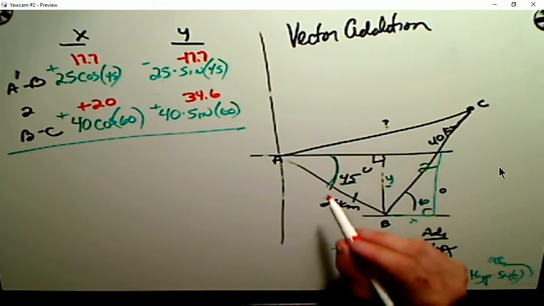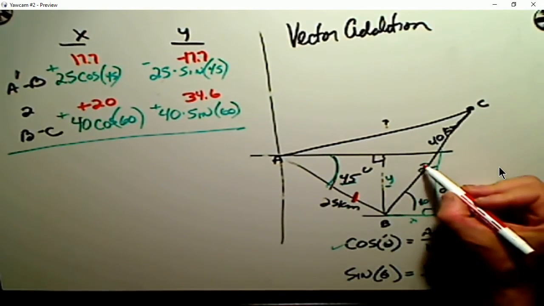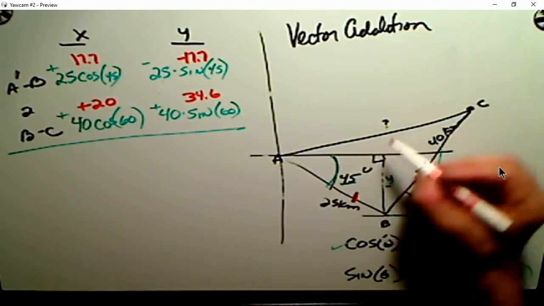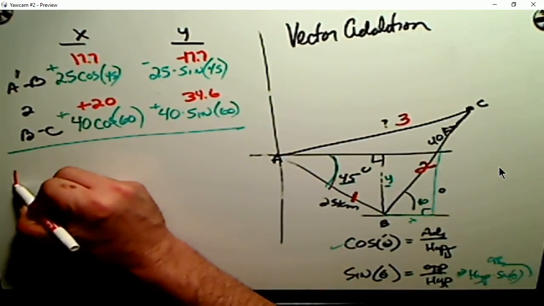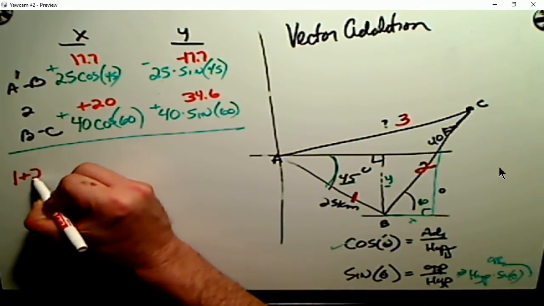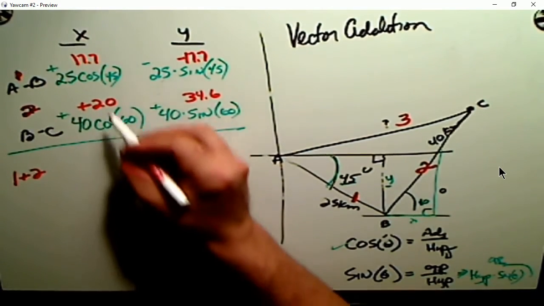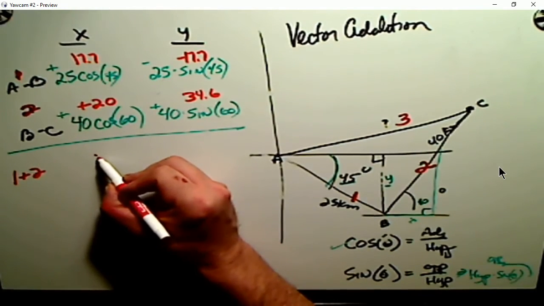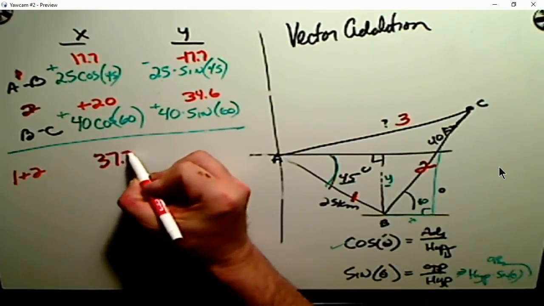Vector addition. If I say vector 1 here plus vector 2, if I draw a line back to the origin, must equal vector 3. If I add those two vectors together, vector 1 plus vector 2 is equal to, in this case, 17.7 plus 20 equals 37.7.